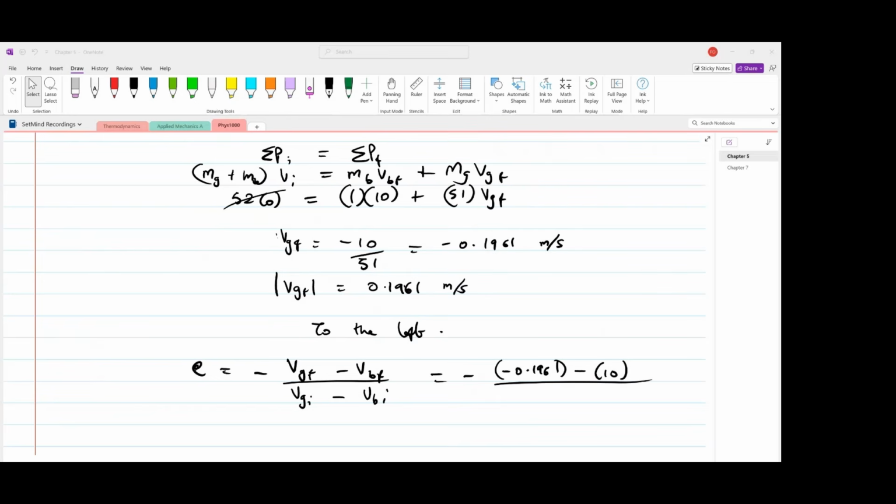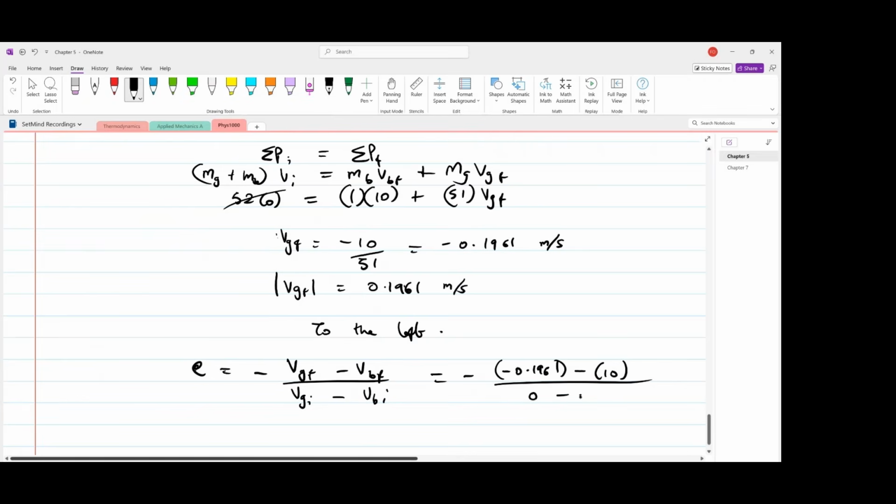We now have 0, because they are both at rest at the start. So we now have 0 minus 0, which is basically impossible.